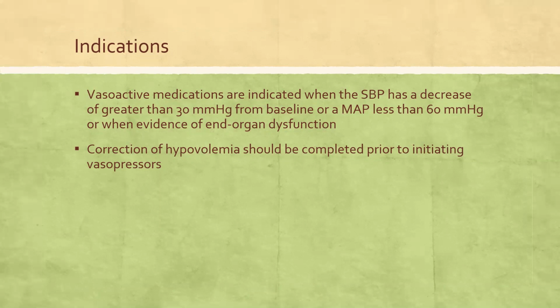So hypovolemia always has to be corrected prior to beginning these vasopressors. Because if the problem is hypovolemia, the solution is managing fluid volume status, or we're going to end up chasing our tails in a very devastating way. So correct any fluid volume deficit before you move to the use of vasopressors.